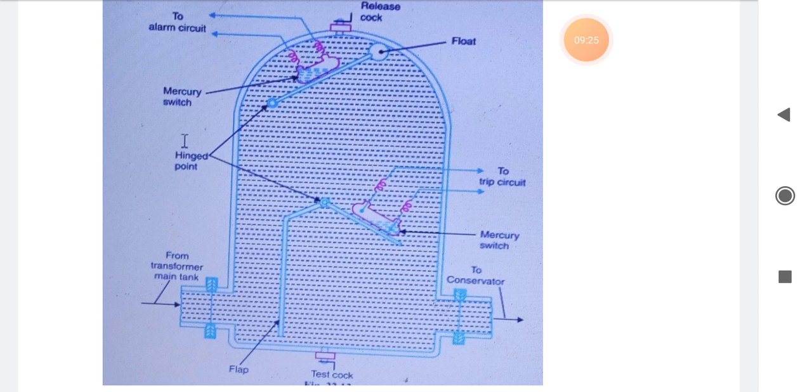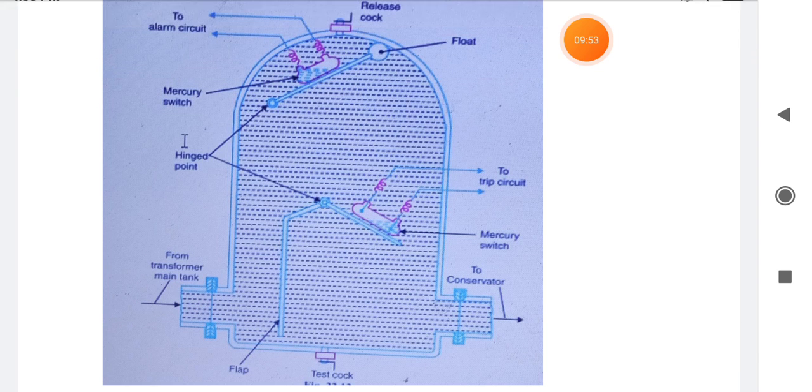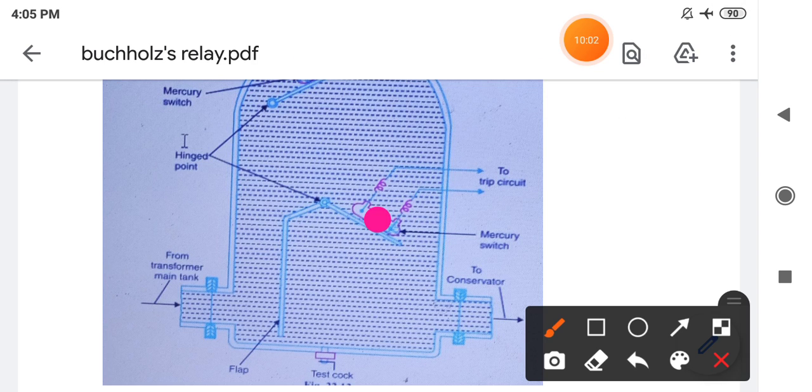Now, what about the release cock? Suppose, students, this is the case when the fault current is due to some short circuit. But if the short circuit current is very, very high, in those cases the oil will rush through from the left side, from this point, and due to its high pressure the oil rush will directly strike the top, exerting a very high pressure.